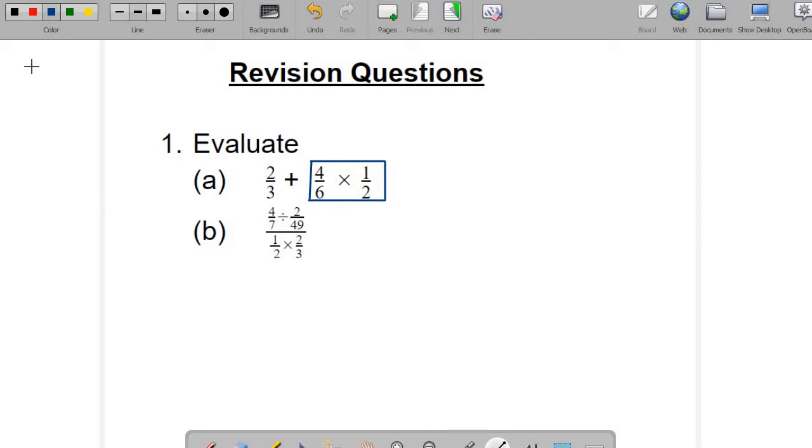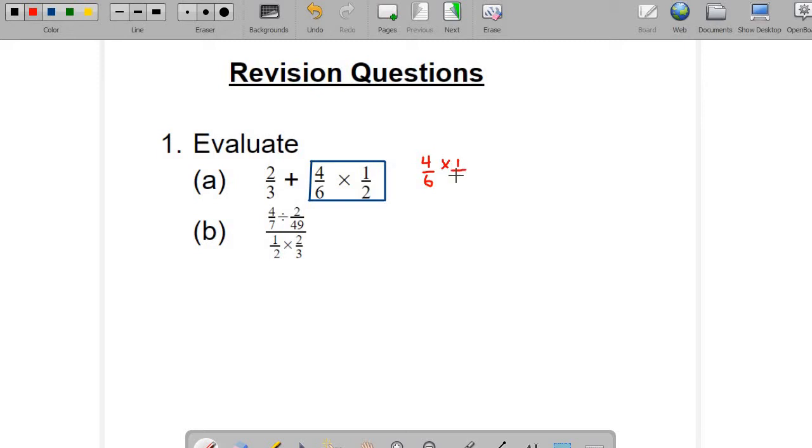Okay, so how do we multiply fractions? Multiplying fractions is very straightforward. To multiply your fractions, all you have to do is multiply the numerators and multiply the denominators.